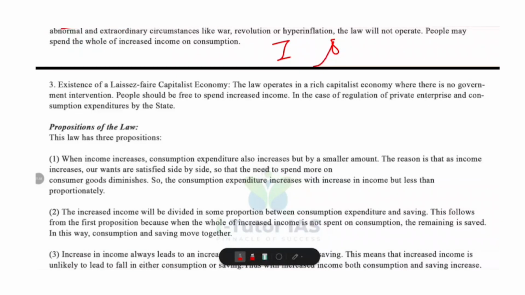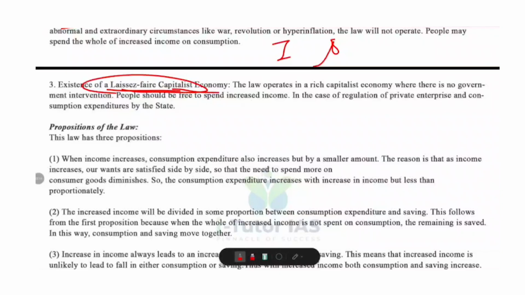Next assumption is laissez-faire. Laissez-faire capitalist economy. This is a French term that means let do or let it be. In simple words, no government interference. Laissez-faire means no government interference. So Keynes assumed that people are free to decide how much to consume or save from their income without restrictions from the government.